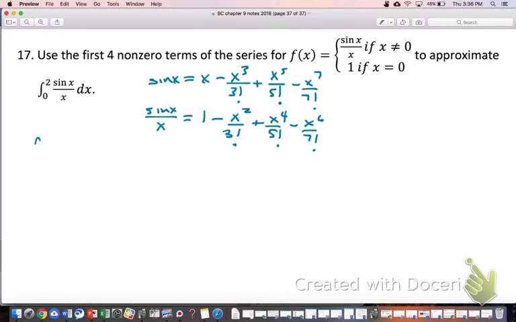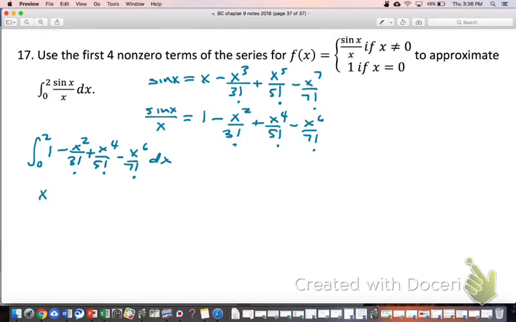So now what I can do is put this back in as the integral from 0 to 2 of 1 minus x squared over 3 factorial plus x to the 4th over 5 factorial minus x to the 6th over 7 factorial dx. So this is going to be our approximation for that original integral. All right, so next step is to find my antiderivative.